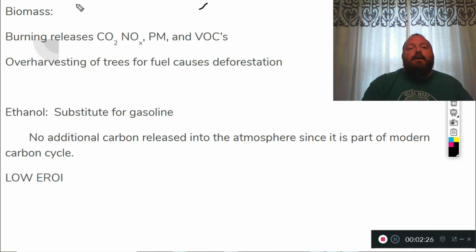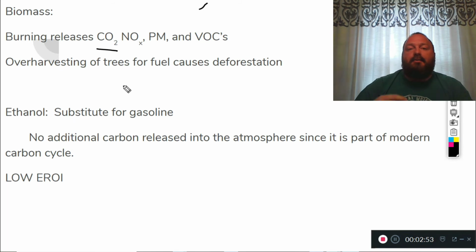With biomass, though, there are some problems with it. Again, you're burning some carbon-containing compound. The trees or the plant life that you're burning have carbon incorporated into them. So anytime you're burning biomass, carbon dioxide emissions are going to be a problem. But again, the important thing to remember is that if it's a plant matter-based ethanol type of solution, that's going to be a net carbon neutral form of energy.